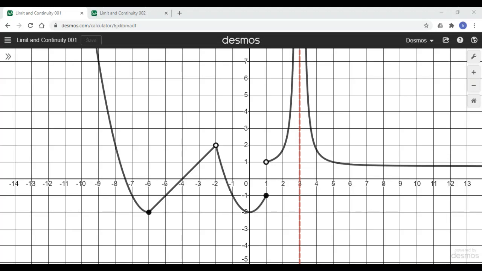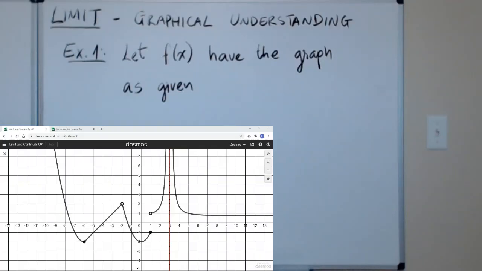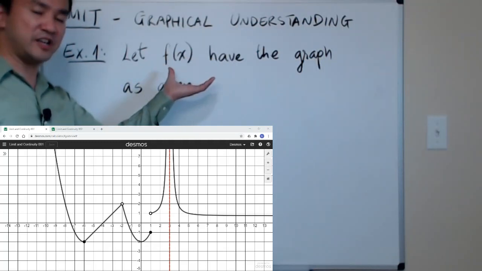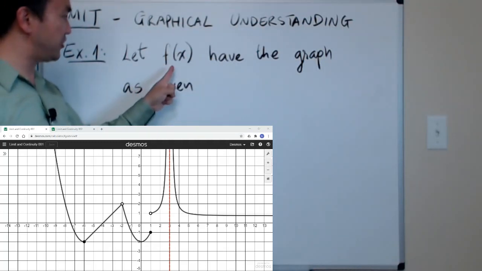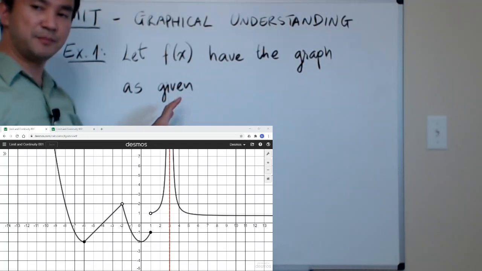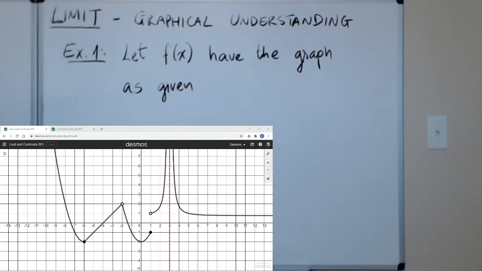All right, so hopefully you had a photo of your own graph right there. Now I'm going to get back into our double screen right here. So starting out, we don't have to know what the function is again, but I know that our function has the graph as you already saw in my corner of the board.